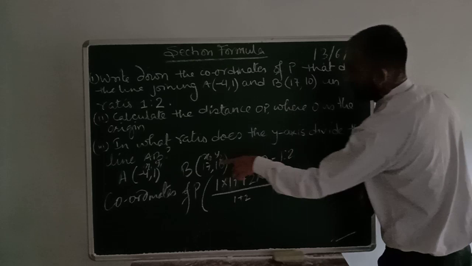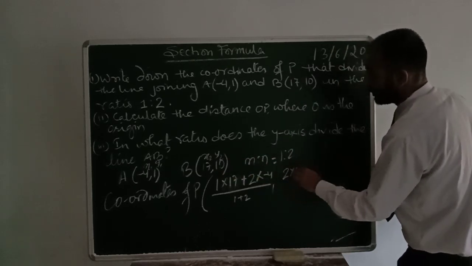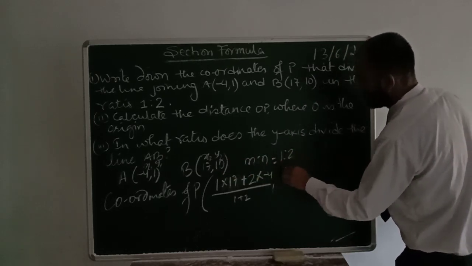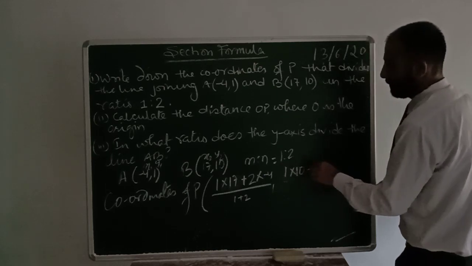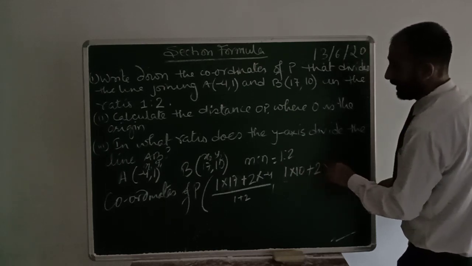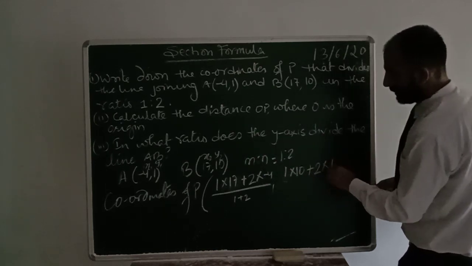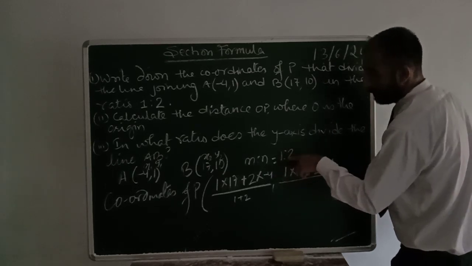Similarly, my2, that is 1 into 10, plus ny1, ny1 is 2 into 1, by 1 plus 2.